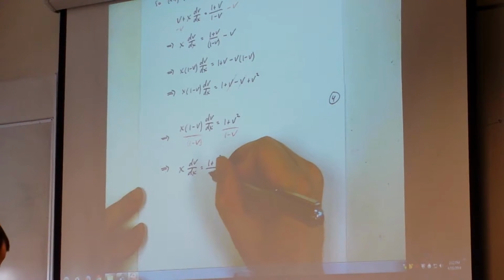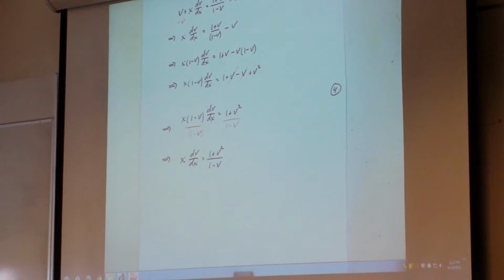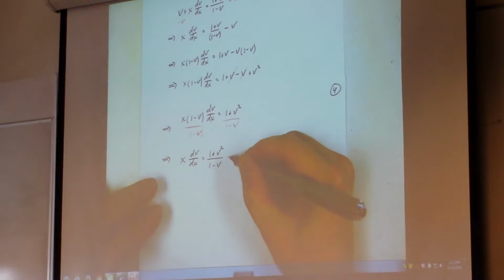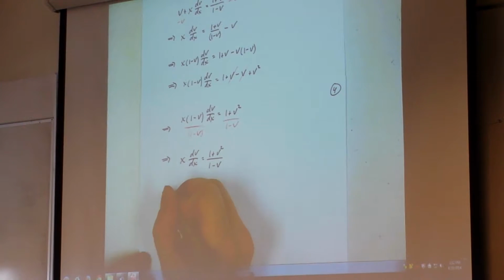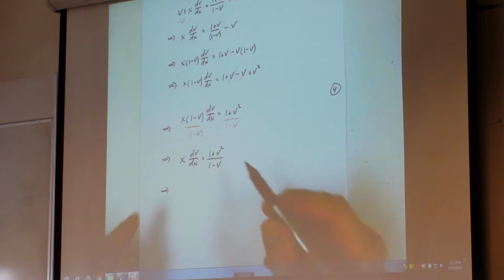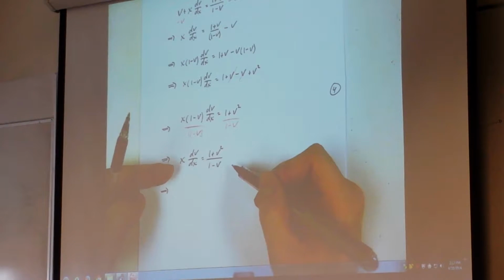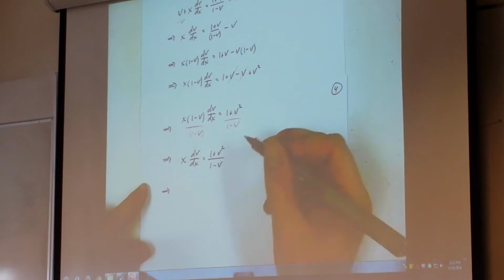No, not quite. No. It is inseparable. Yeah. But on this side, when I get that over the other side, I got to multiply by the reciprocal. So we're going to get, okay, multiply both sides by 1 minus v over 1 plus v squared, dx, both sides, and 1 over x.